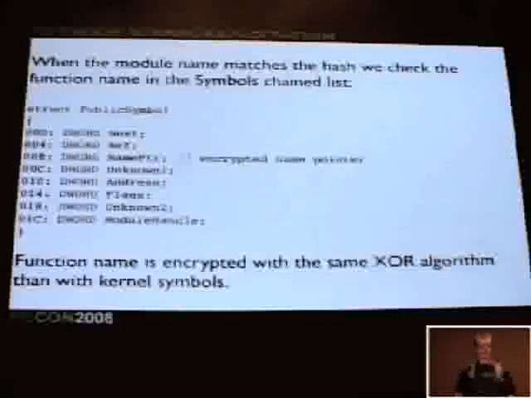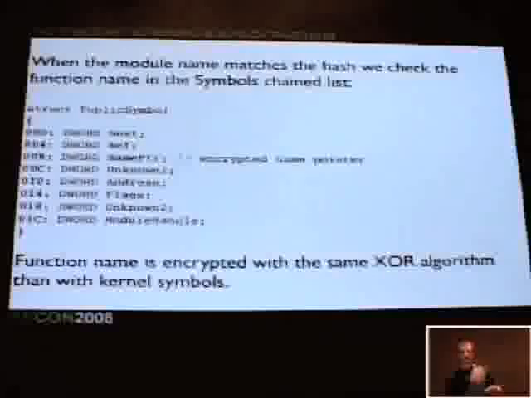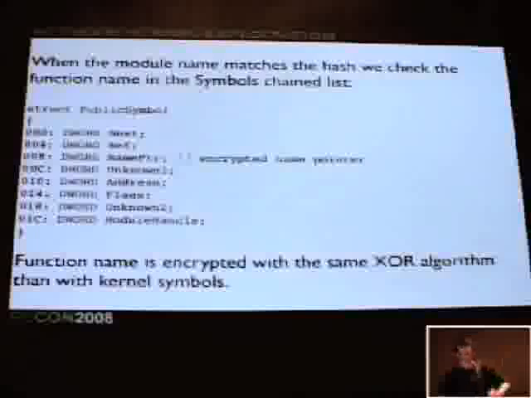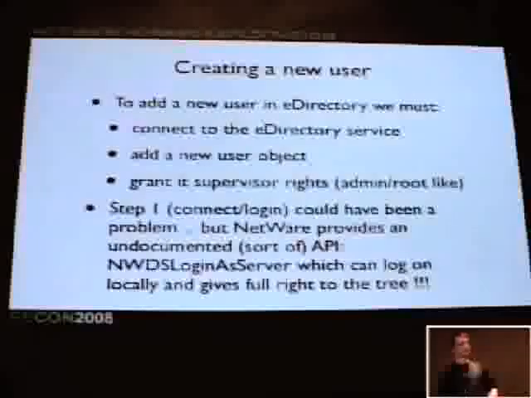So when we find the right hash for the function name in the symbol list, we know how to find the good functions, and now we have to create a new user.